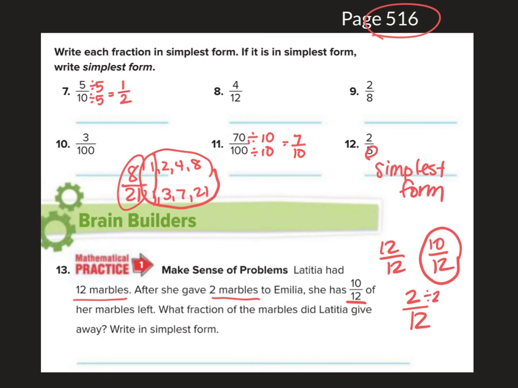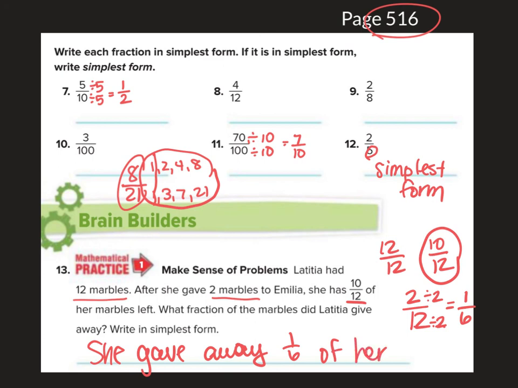So I see that I can divide both the numerator and denominator by 2. 2 divided by 2 is 1. 12 divided by 2 is 6. So she gave away 1/6 of her marbles.